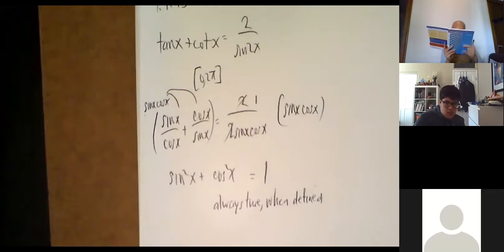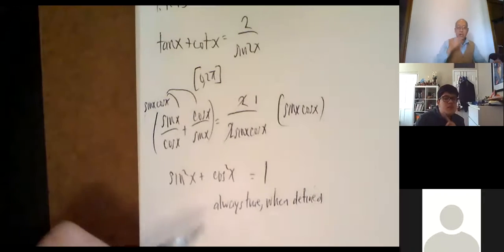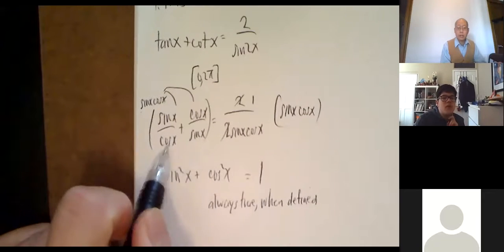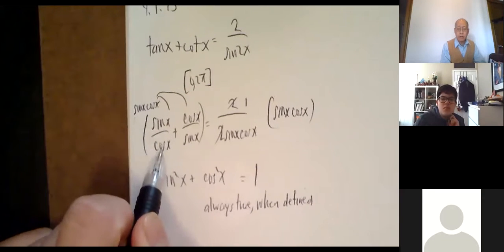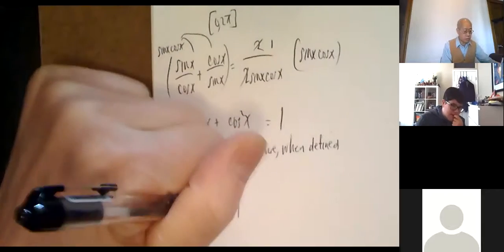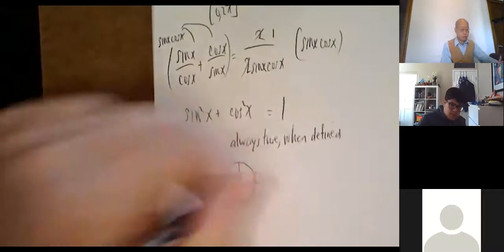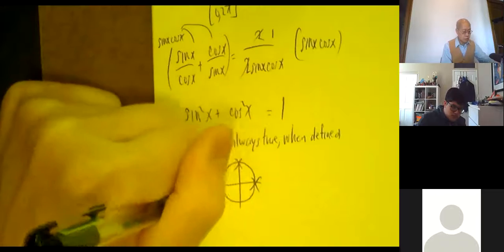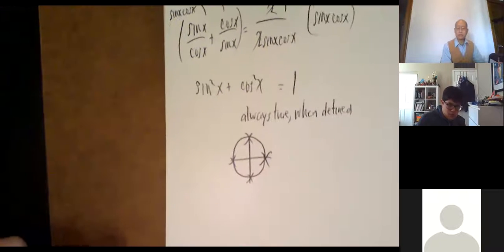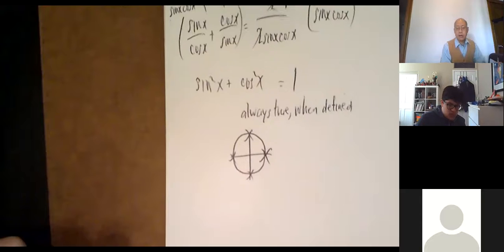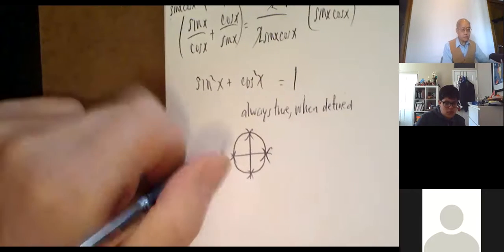Okay, so let me double check real quickly for 43. It was find all values between 0 and 2 pi. So we know everything works except for whenever the denominator is 0. The denominator is 0 whenever cosine or sine is 0. Now that's here, here, here, here. There's a couple ways you can write that.